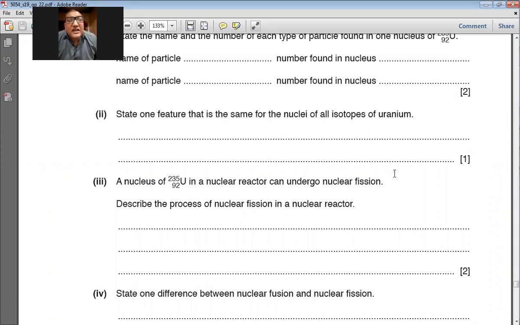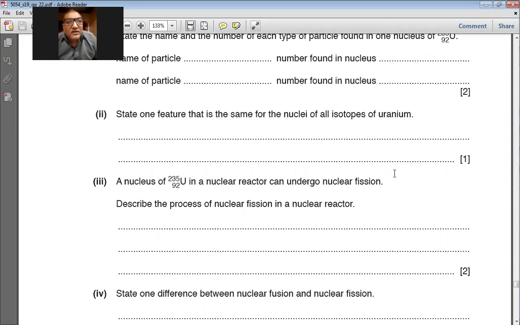The third part is a nucleus of uranium-92-235 in a nuclear reactor can undergo nuclear fission. Describe the process of nuclear fission in a nuclear reactor. So what we do in the nuclear reactor, we take a uranium atom. This is theory, okay? So we take a uranium atom and we bombard a neutron on it.